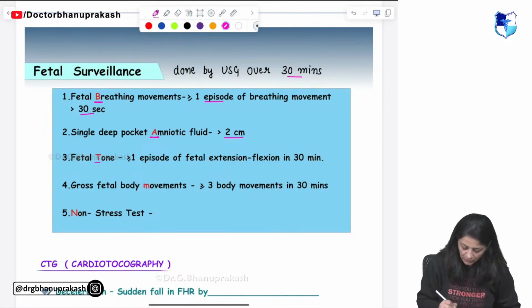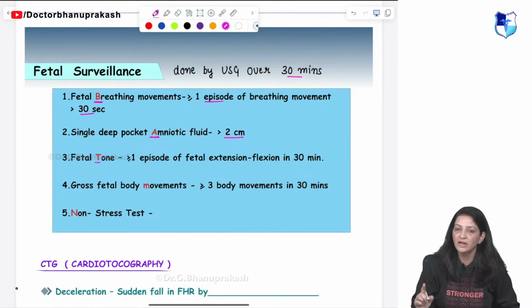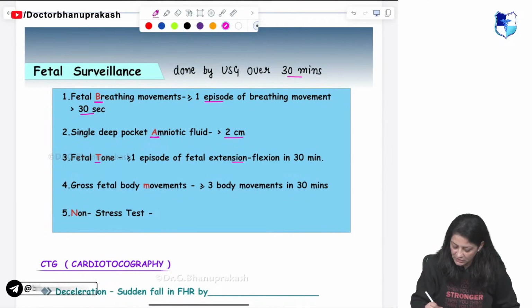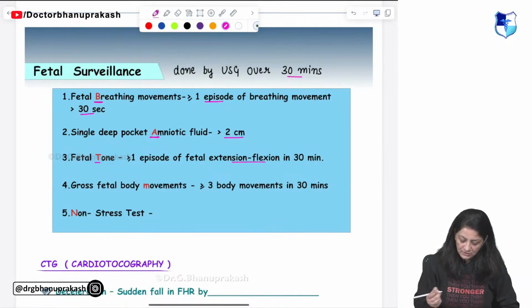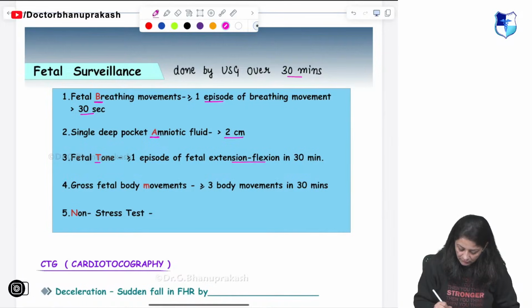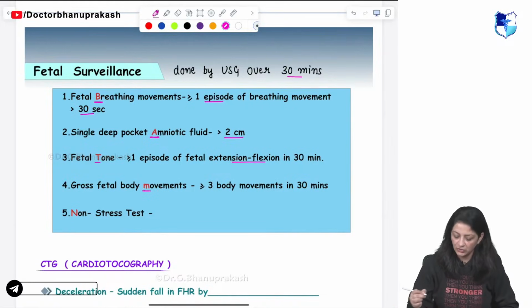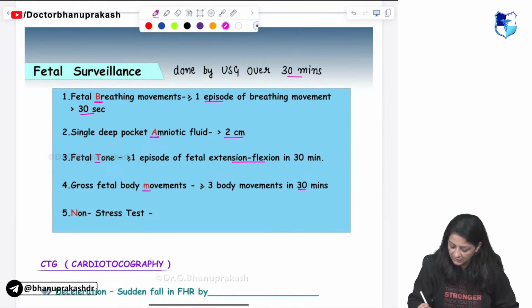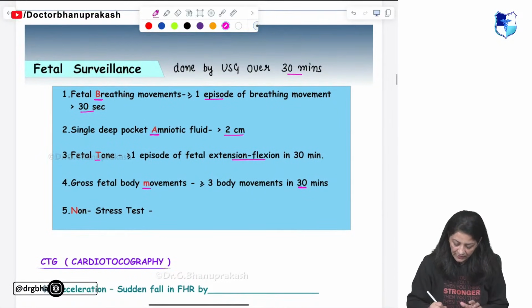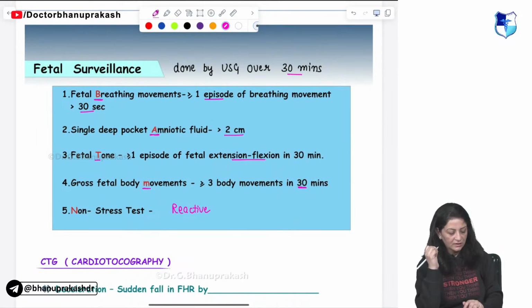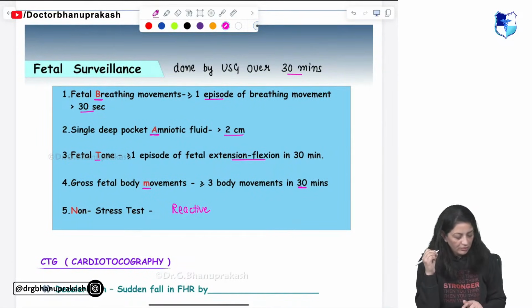T means tone: at least one episode of fetal extension and flexion in 30 minutes. Gross fetal body movements: more than 3 fetal body movements in 30 minutes, and non-stress test reactive. So these are the components of biophysical score.